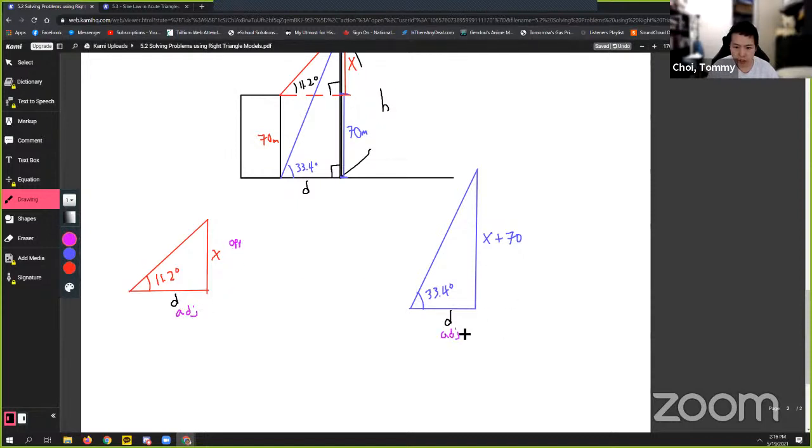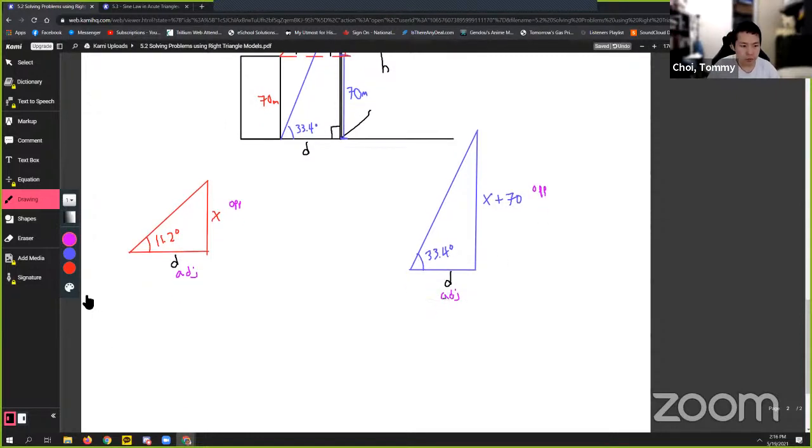This is adjacent and opposite. For the red one, I'll say tan theta is equal to opposite over adjacent. Whatever I have, I'm going to have to use, even if it's just variables. I'm going to set it up.